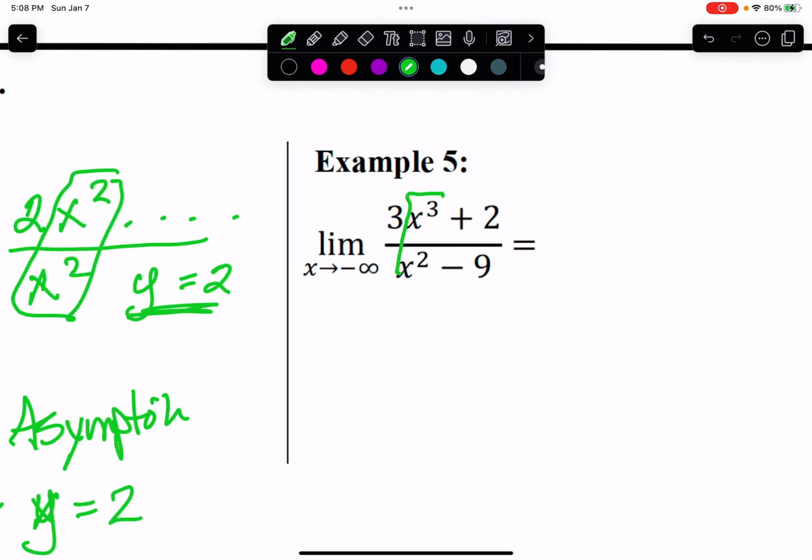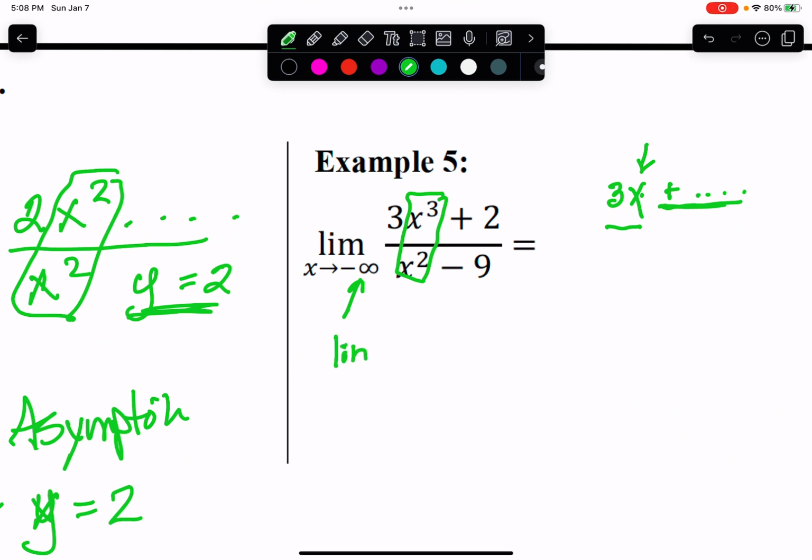All right, let's look at this next one. The degree on the top is bigger than the degree on the bottom, so it would end up being a positive 3x if I simplified it, and the leading term is the one that matters because it's plus smaller terms. So I have to put bigger and bigger negative numbers in this, and I am going to have a negative number, because it's like 3 times -500, 3 times -1,000, giving me more and more negative.